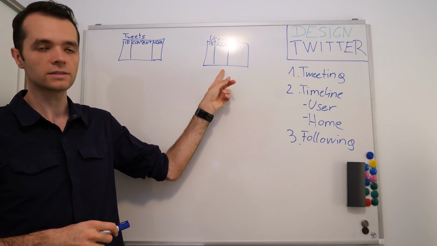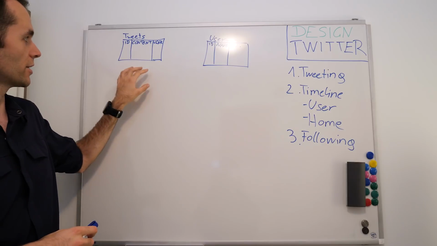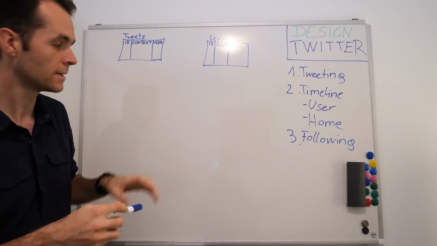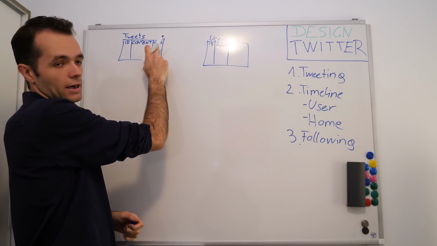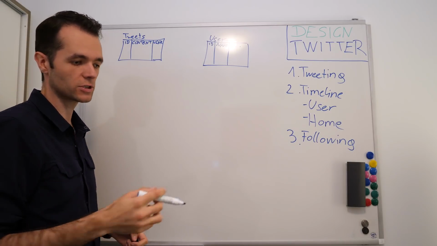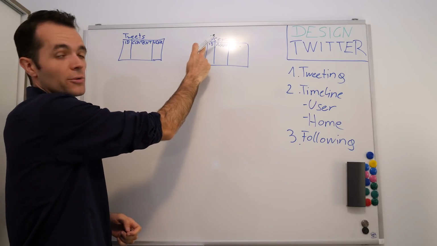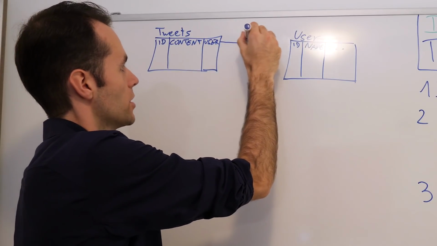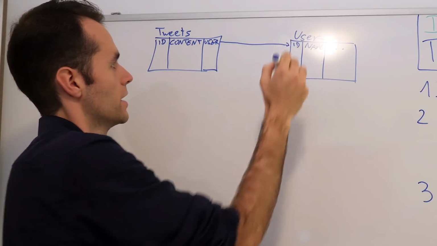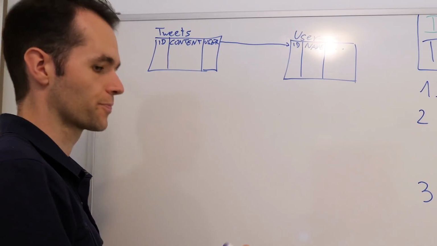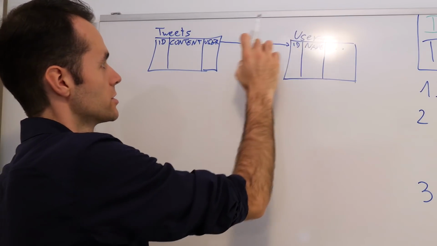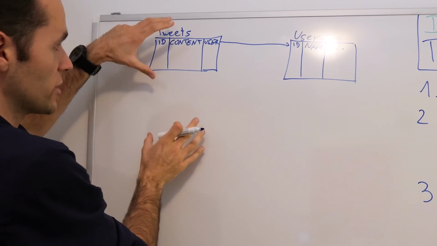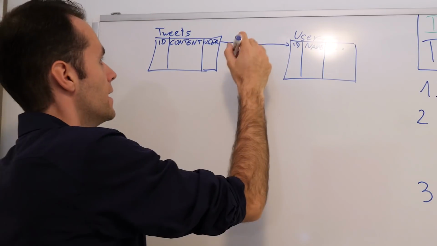Okay, so that's the user table, that's the tweets table, where the tweets table contains more or less all the tweets globally. And the tweets table has a column which is called user, which points to the primary key of the user table, meaning this one user tweeted this tweet, where, as I said, the tweets table contains all the tweets globally.